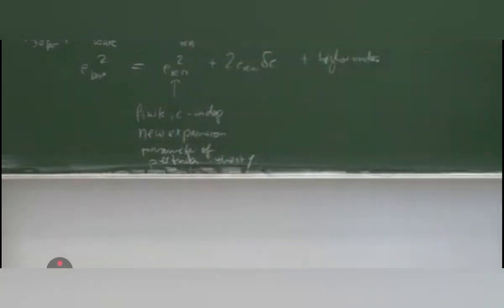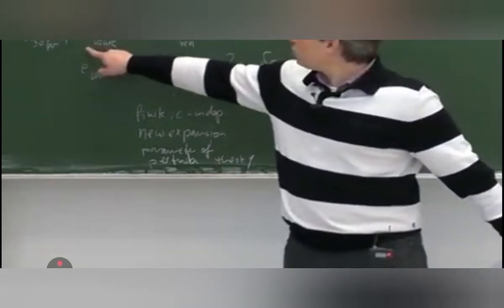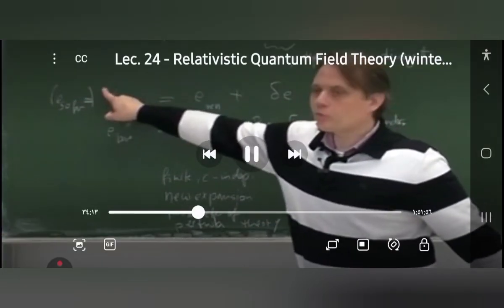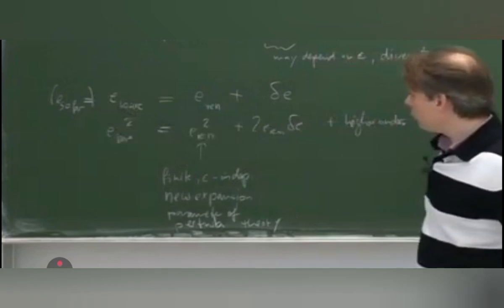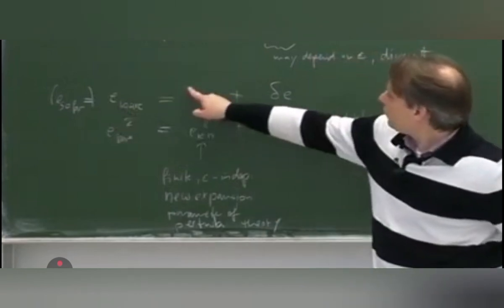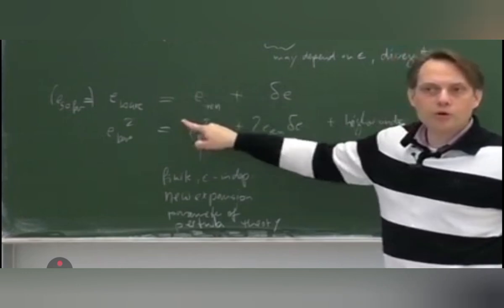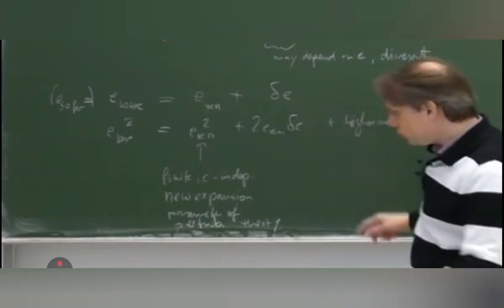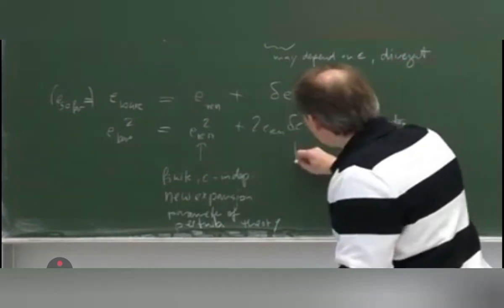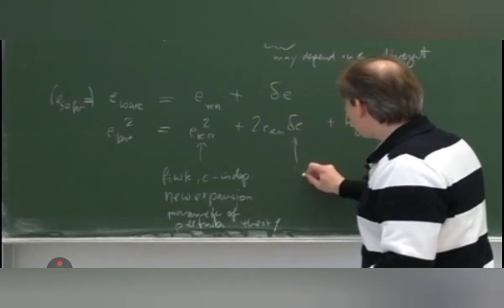So in a way, we reshuffle our perturbation theory. Before, we might have said we do a perturbative power series expansion in this bare coupling constant, and from now on we will say we do a perturbative power series expansion in the renormalized coupling, and that here is of higher order. And the name of this delta E is so-called renormalization constant.